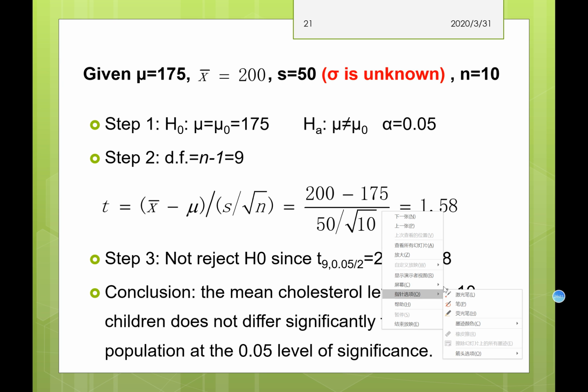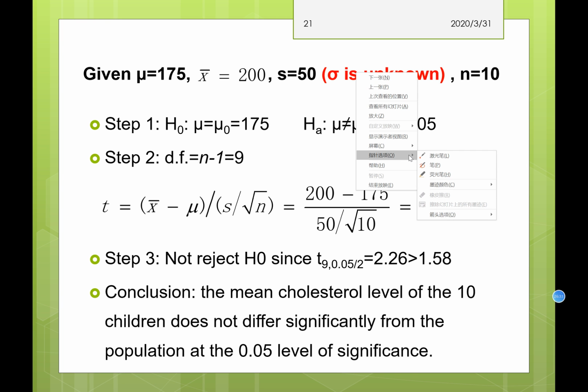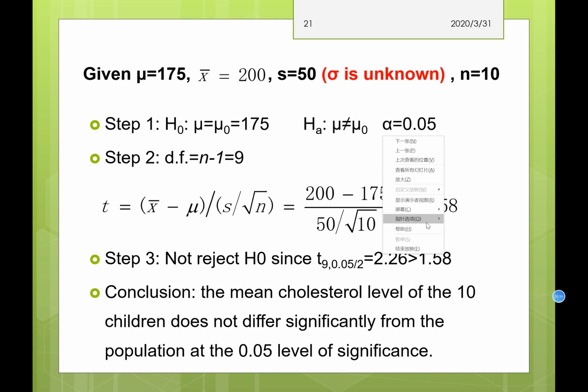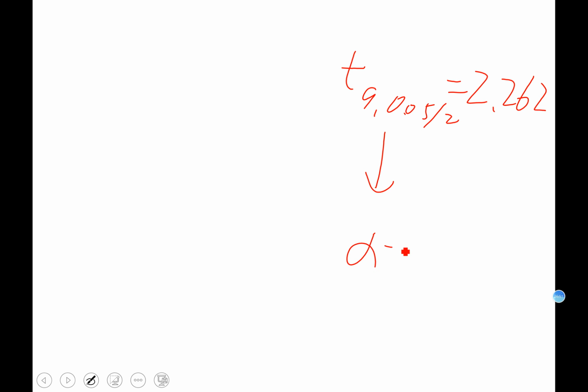This is the standard t-value, right? So that means when t half 0.05 equals 2.262, its corresponding probability equals alpha, 0.05.